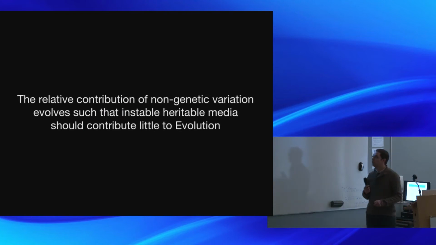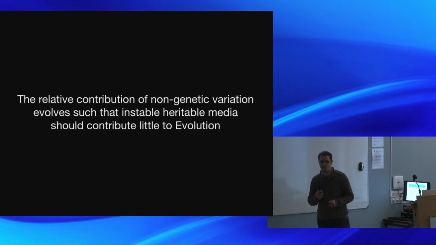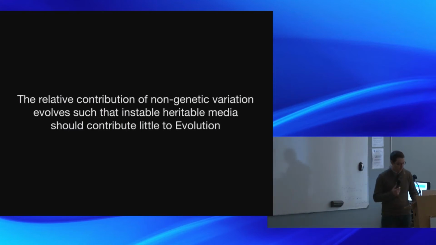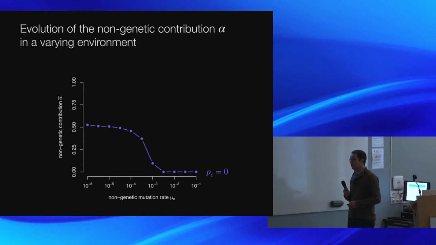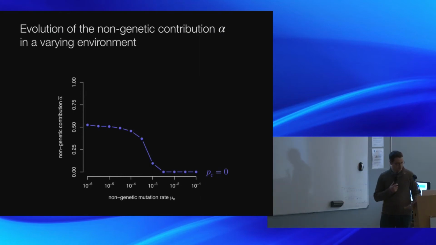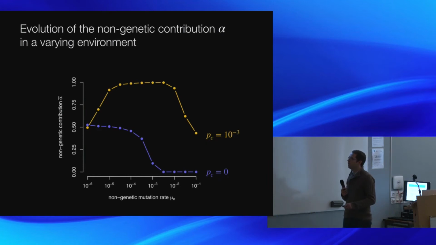And now we will switch to the situation where we have environmental variation, in which case, we can suppose that some contribution of non-genetic media might sometimes be favored. So this is the curve that we've already seen in a stable environment. And when I increase the probability of a change to 10 to the minus 3, here's what happens. So we see that the large contribution of the non-genetic medium can be favored for a large range of non-genetic mutation rates.